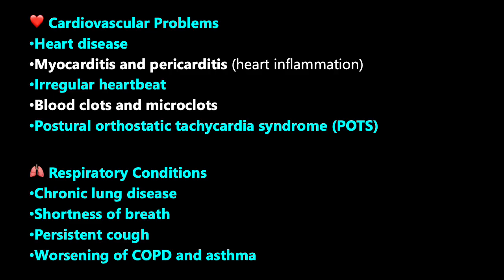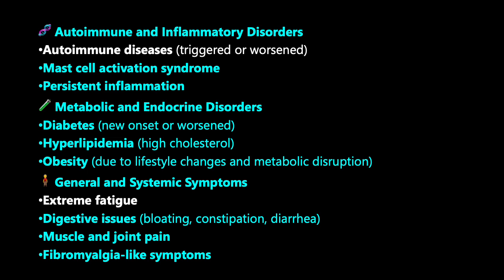Postural orthostatic tachycardia syndrome. And on the respiratory conditions, you have chronic lung disease, you have shortness of breath, persistent cough, worsening of COPD and asthma. So all these are happening after the COVID pandemic.